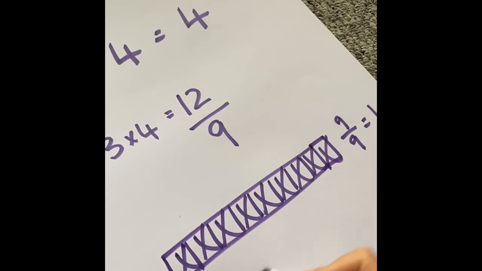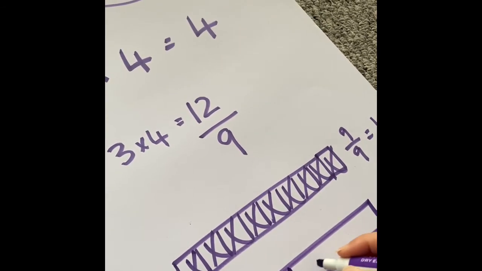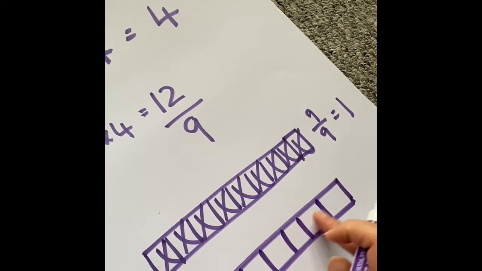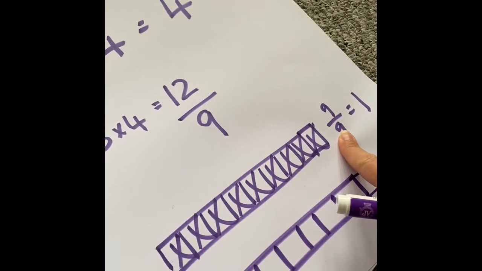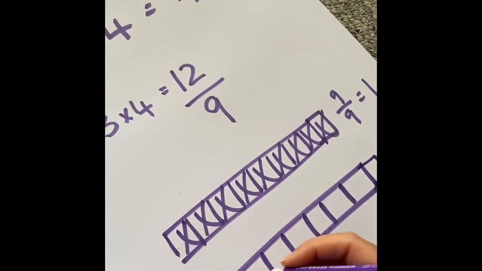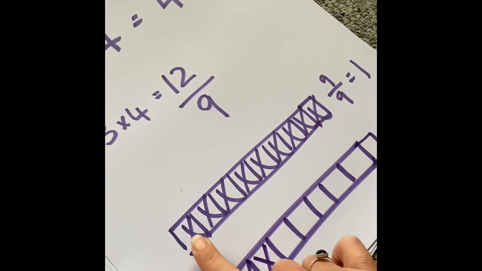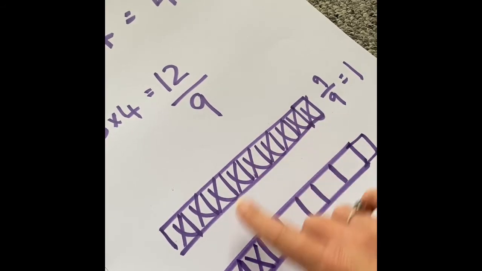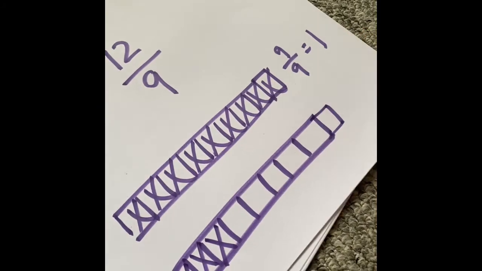Let's just double check that we're right with our 3/9 left over. 1, 2, 3, 4, 5, 6, 7, 8. Never quite get there, do I? So I've got 9/9. Have I got 3/9 left over? Let's count. 1, 2, 3, 4, 5, 6, 7, 8, 9, 10, 11, 12. Yes, I had 12/9.